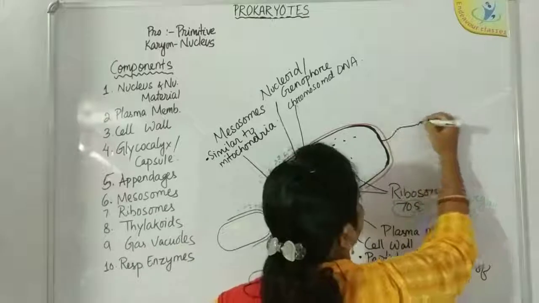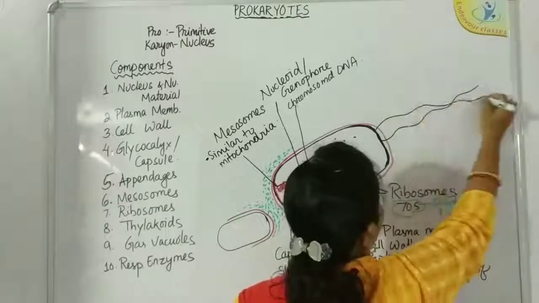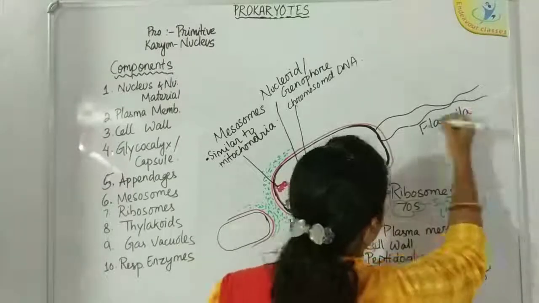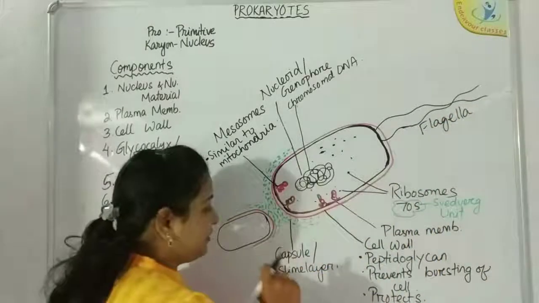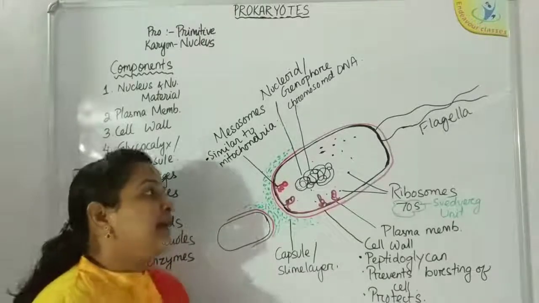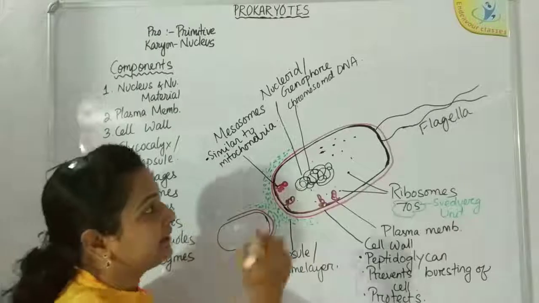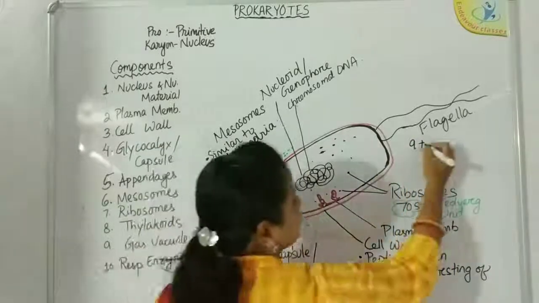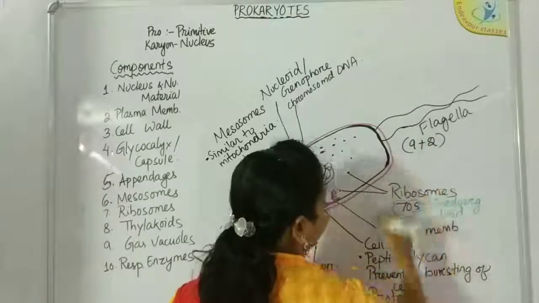So there are three kinds of appendages seen. Number one, the flagella. Singular is flagellum. These are very few in number, and they are long. The microtubules inside the flagella are arranged in a 9+2 form.